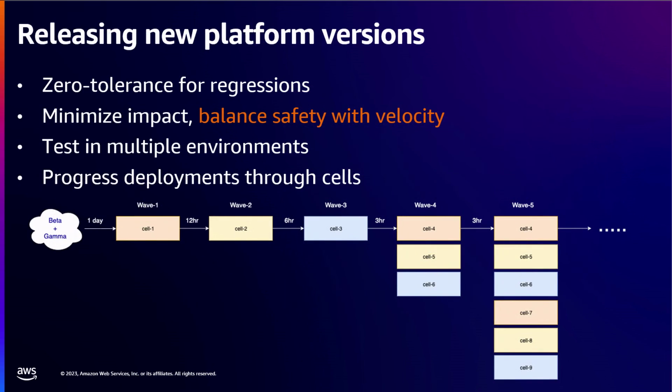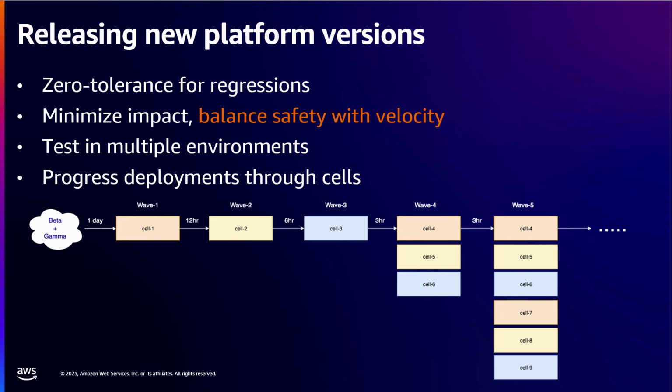So the way we release platform versions looks something like this pipeline workflow. We do testing at various layers of the application. Individual components are tested. We have integration tests when they're all packaged together. And then finally, we do an end-to-end cluster test.